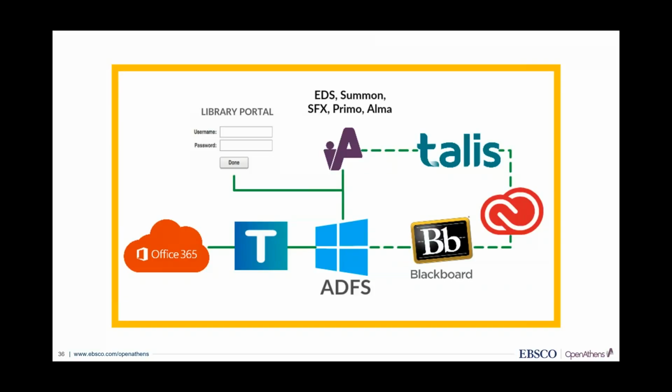If University X was the.ac.uk, for example, we could use that as your entity ID. So you would have to let your publishers know to add that to their entitlement systems alongside your IP addresses. If you want to do away with IP authentication, then just let them know to add the entity ID and remove the IP addresses that exist. But again, EBSCO and OpenAthens during the implementation would do all of that for you.